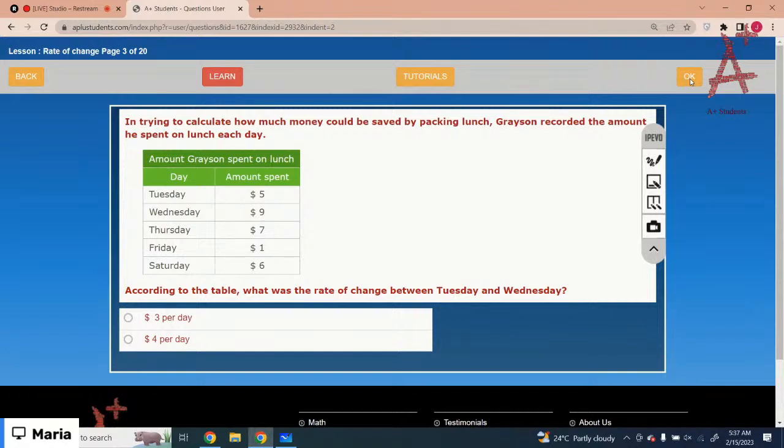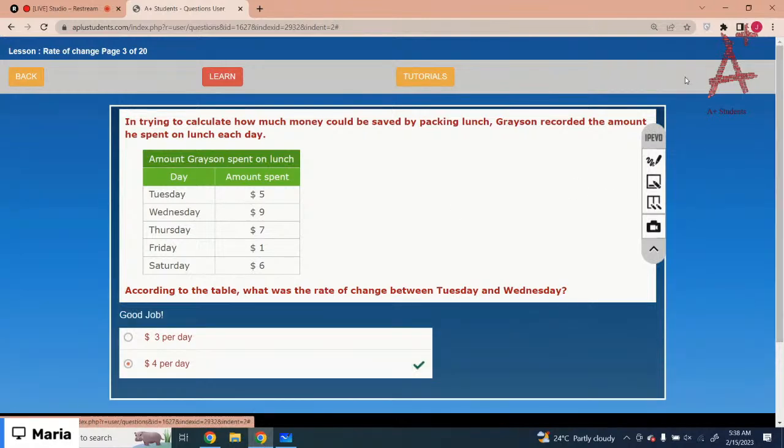So you have to do 9 minus 5. 9 minus 5 is 4, and the difference between the days is just 1. So it would be 4 over 1, so $4 per day.